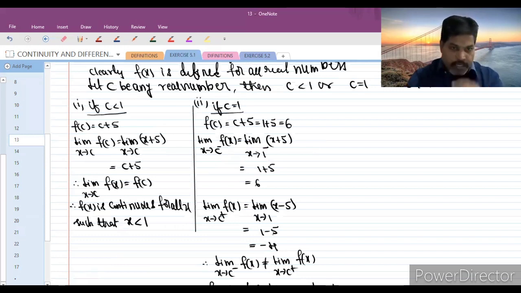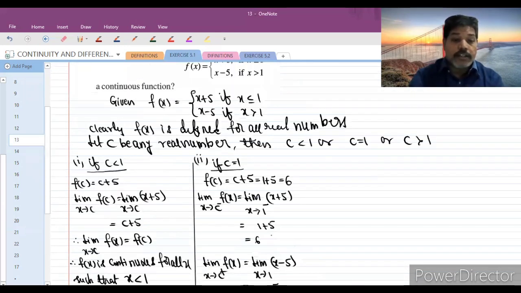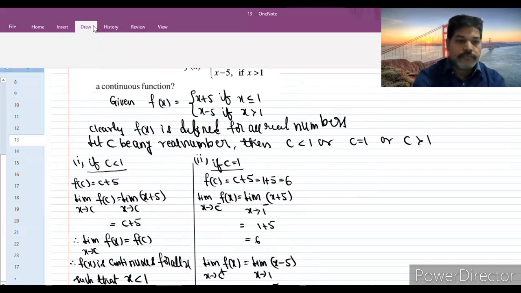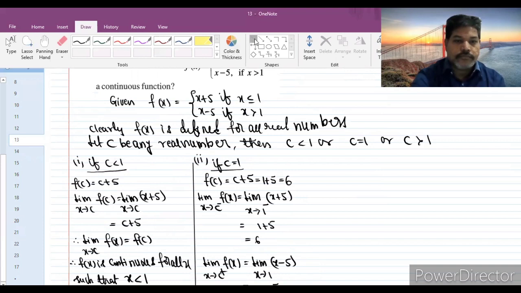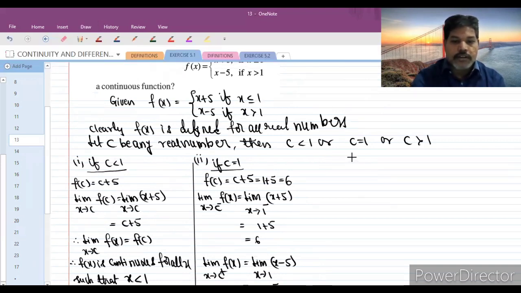So what is the third case? See case 3, students.